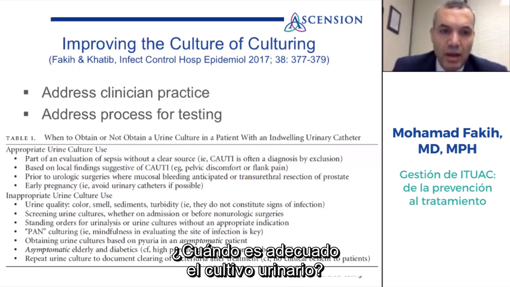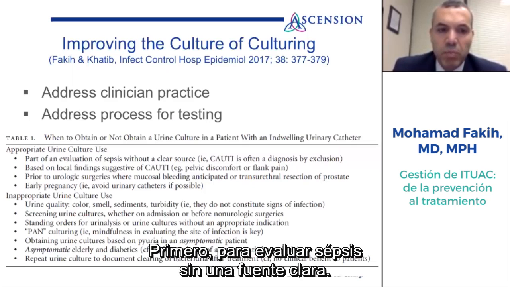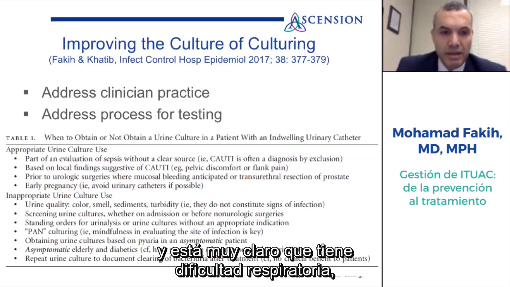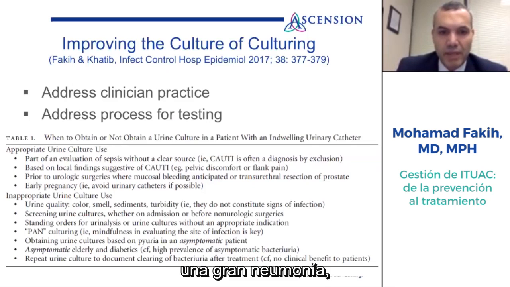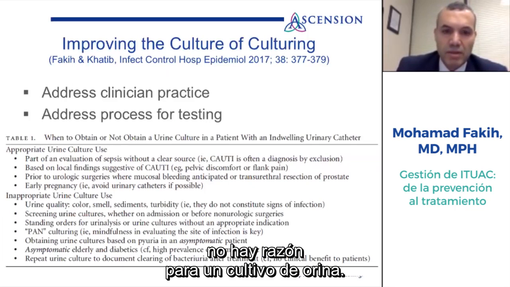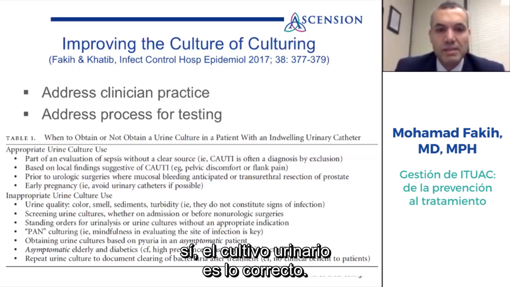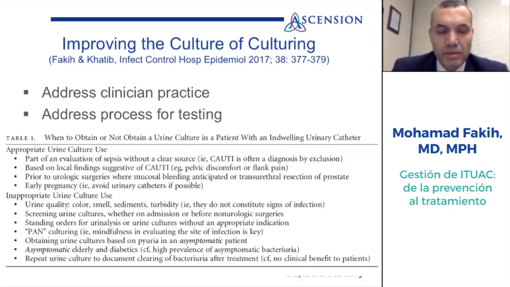So when is it appropriate to do urine cultures? One would be part of an evaluation for sepsis without a clear source. So if you have someone who has sepsis and you're very clear that the patient is in respiratory distress, they have a big pneumonia, there's no reason for us to do urine culture. Versus if there's no clear source for sepsis, then absolutely, a urine culture would be the right thing to do.